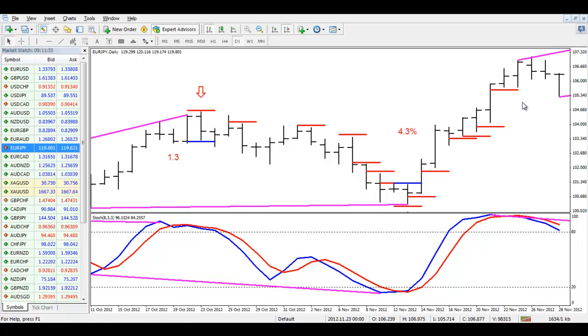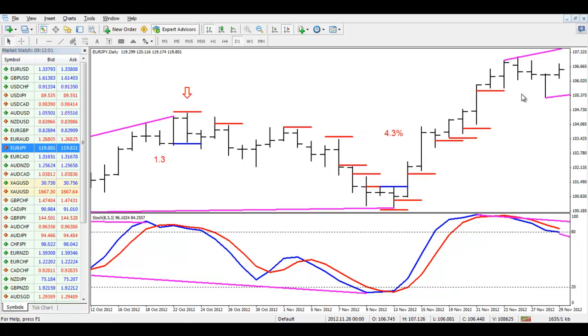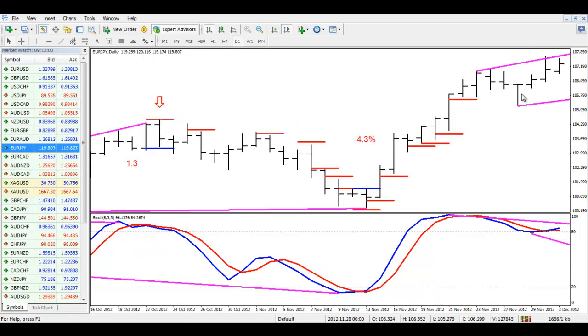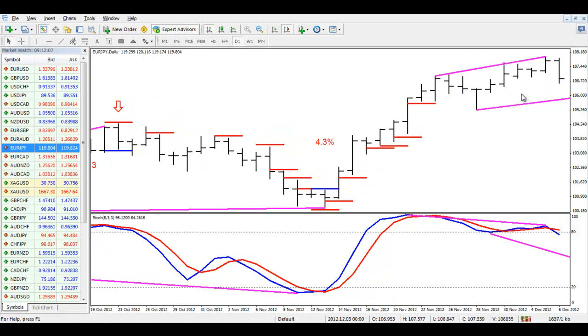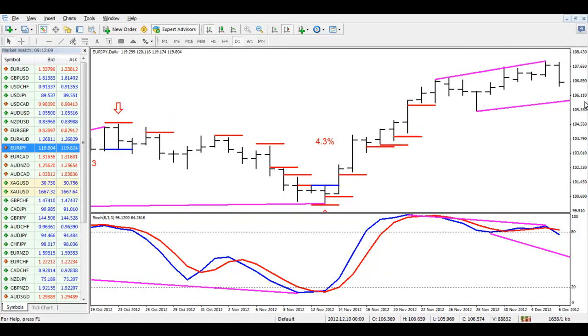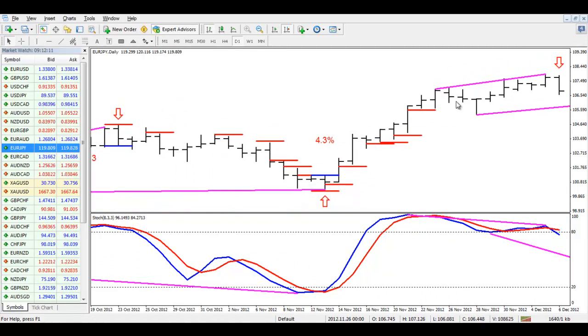We've now been stopped out of the position and we'll wait for the next entry signal, which is being created by divergence. And here we have it. We can now see the higher high on the price action and the obvious lower high there on the stochastic.